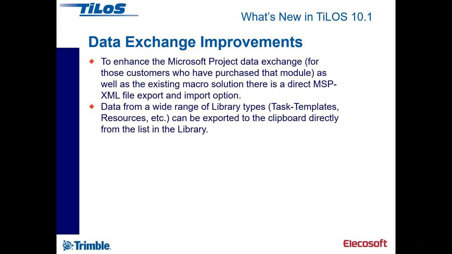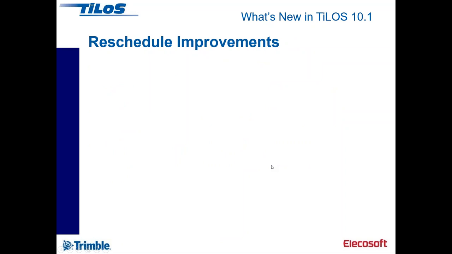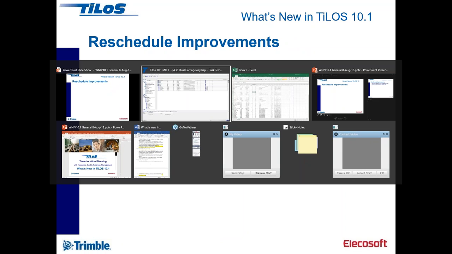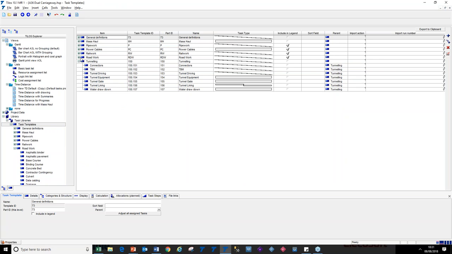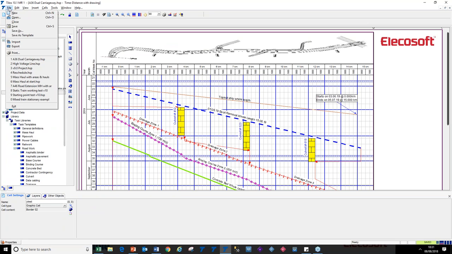So you can also import those directly without going through the import route. So that's the situation in terms of lists. I want to now talk about a couple of subtle yet very powerful features that have happened in the reschedule.